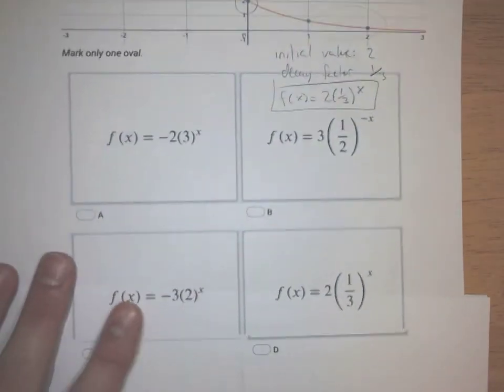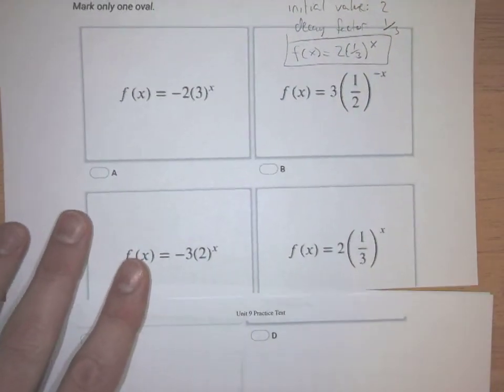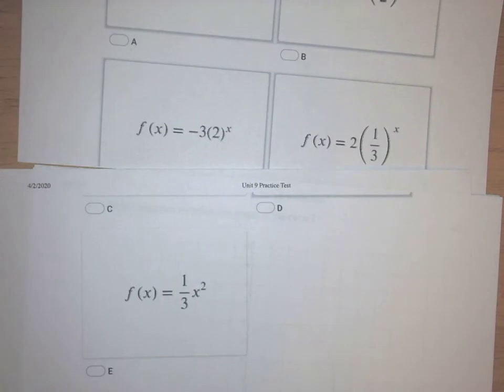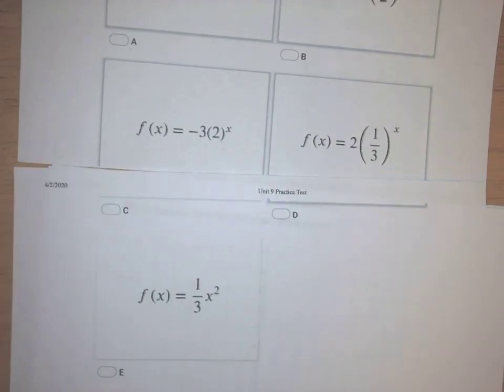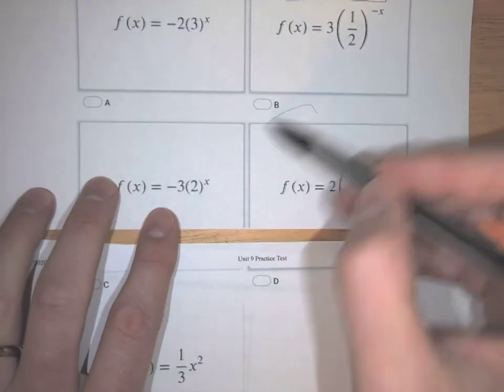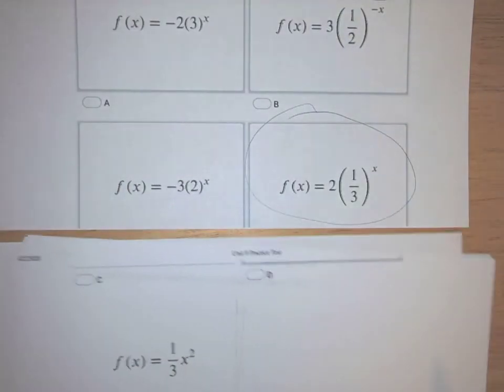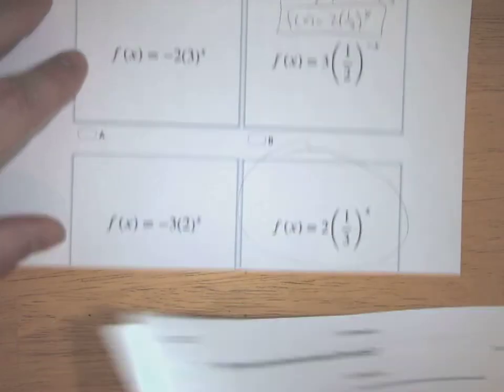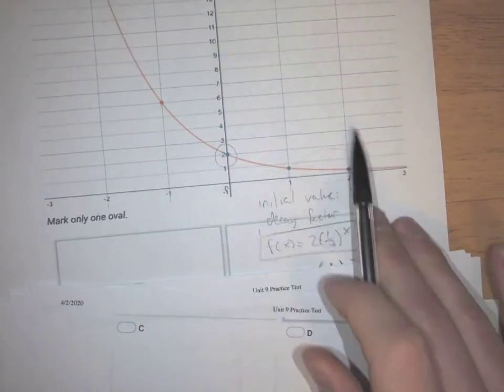So we have these 4, and then we have this last one here. So the one that it's going to be is this guy. That may be in a different order in the problem that you did, but the answer choices should be the same. We want 2 times 1/3 to the x power. So that's kind of what we're going to do there.